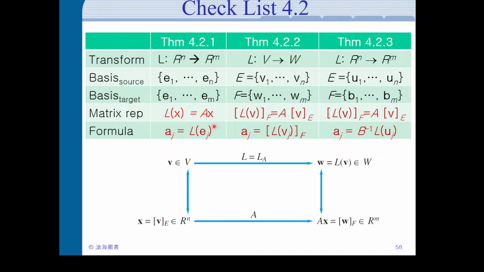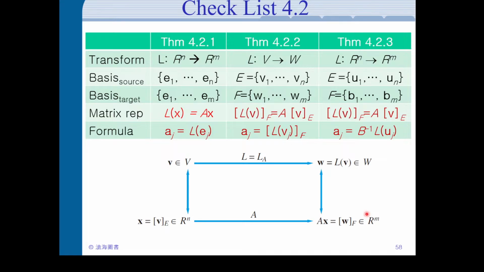Let's get back. So those are all the representations of linear transformations we have in our three theorems. So 4.1: basically you map the basis elements in your V to something inside W and try to find the coordinates.